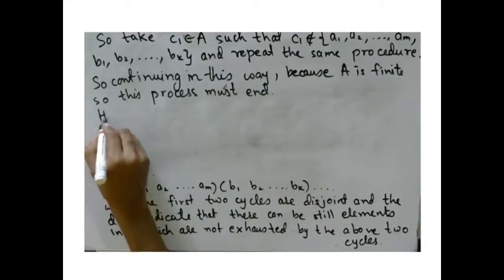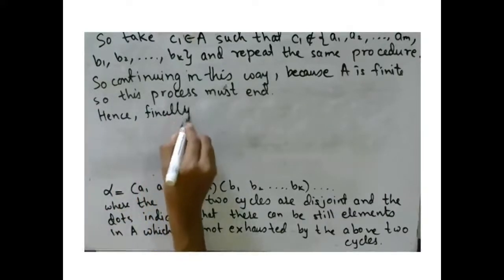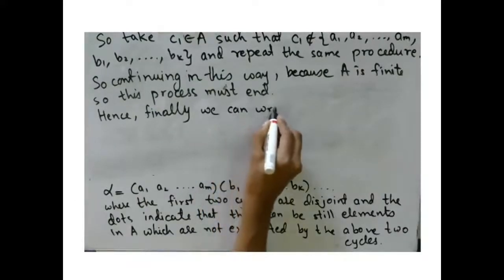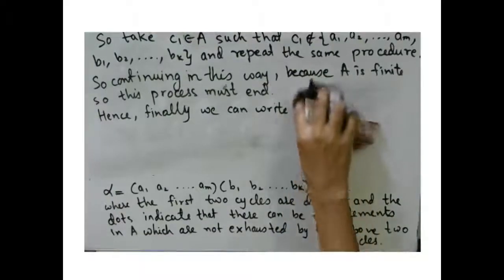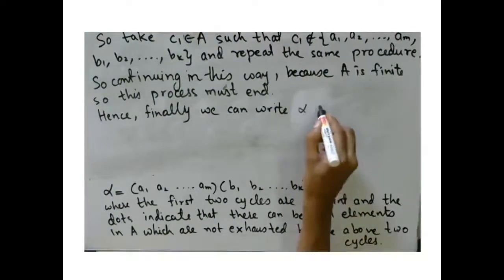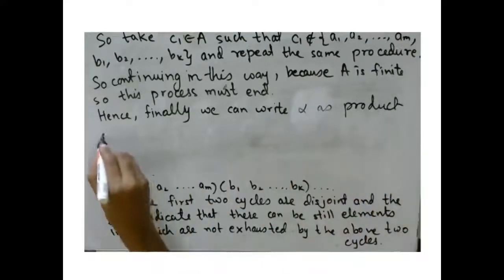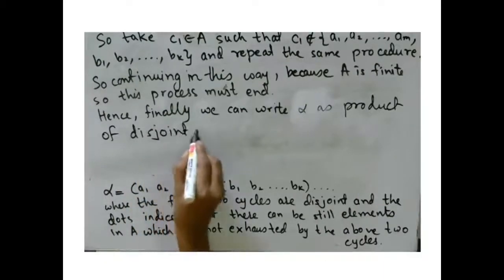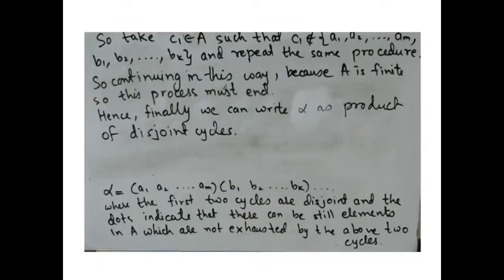And hence, finally we can write the permutation alpha as a product of disjoint cycles. So I hope the proof is clear.